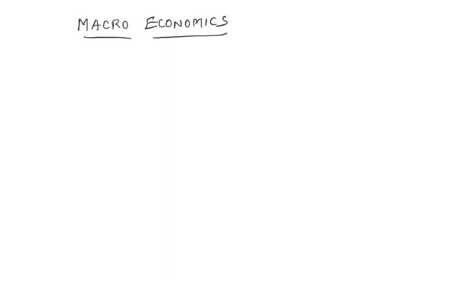In my previous class, I explained to you about the analysis of microeconomics. What is the subject matter of microeconomics? But it was found out that in order to analyze or solve the problems of the country as a whole, it is not correct to study from the individual point of view. What is microeconomics?